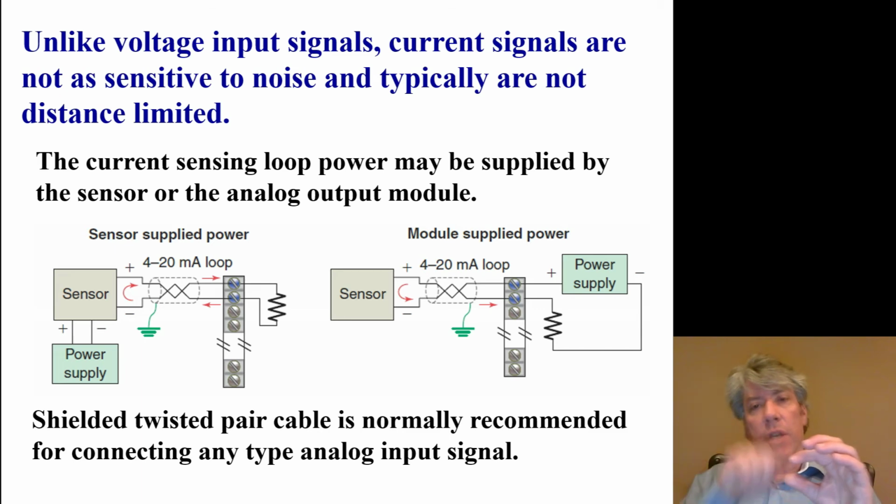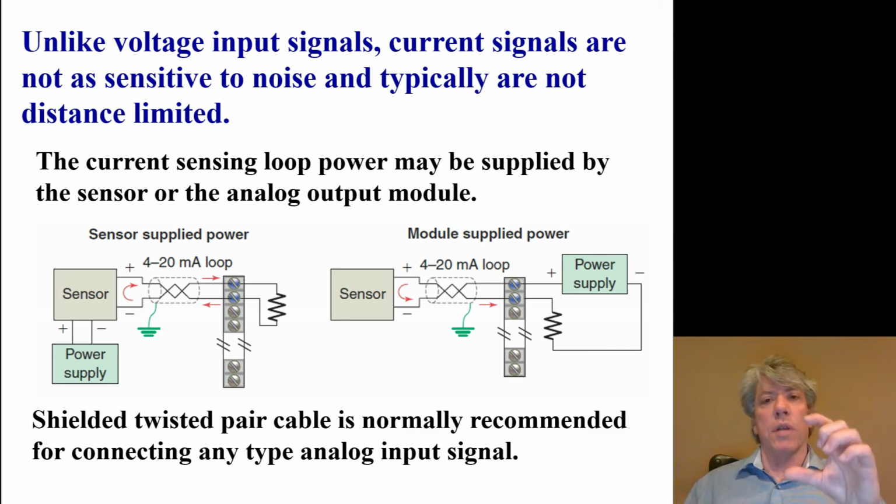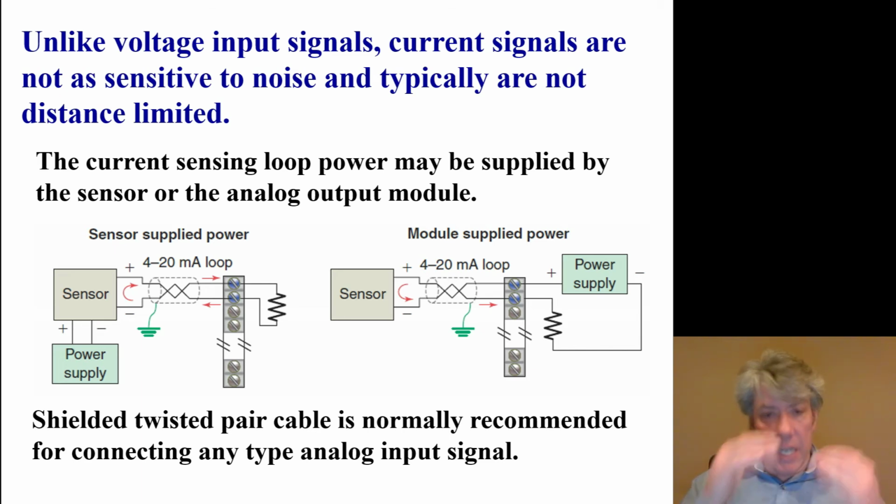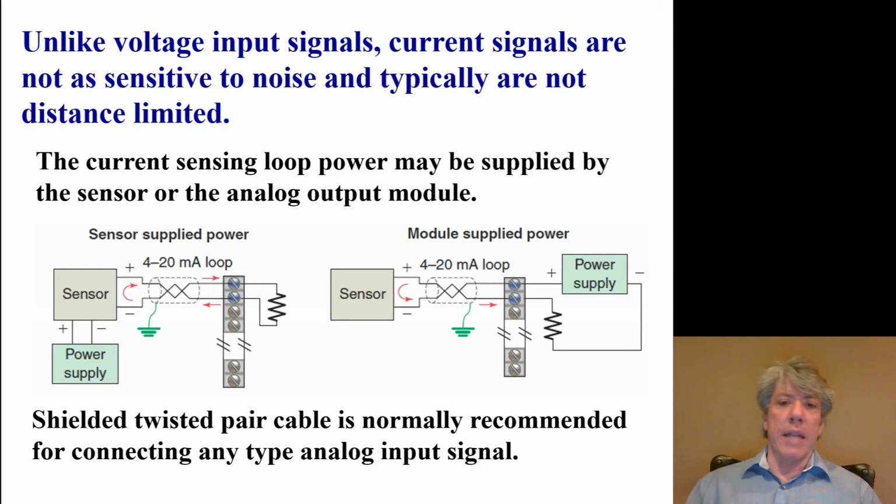If not enough current is flowing through it, it will increase the voltage across its terminals to force more current to flow. And so despite the resistance in the wire connecting the sensor to the PLC, the sensor will increase the voltage across its wires so that it guarantees that the right amount of current, indicating the measurement of the sensor, whether it's temperature, pressure, whatever, is sent properly back to the PLC.